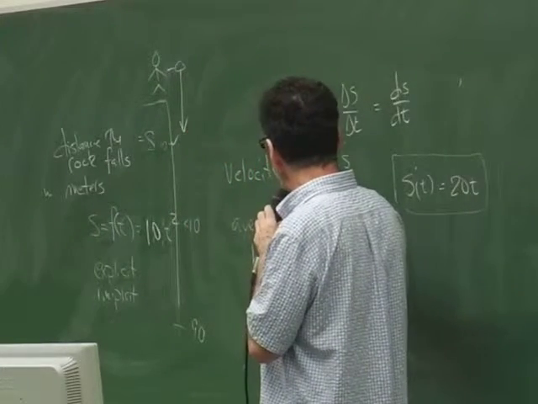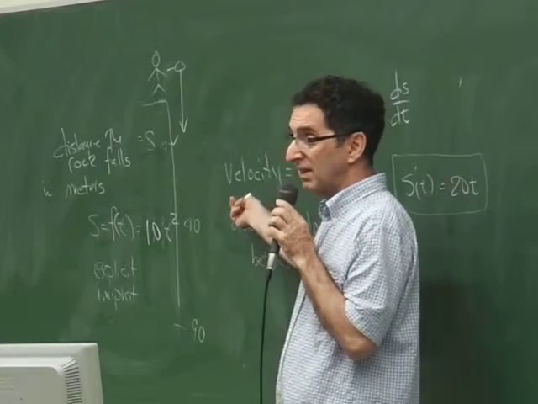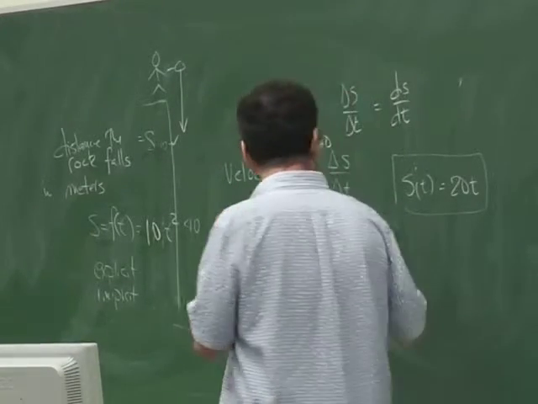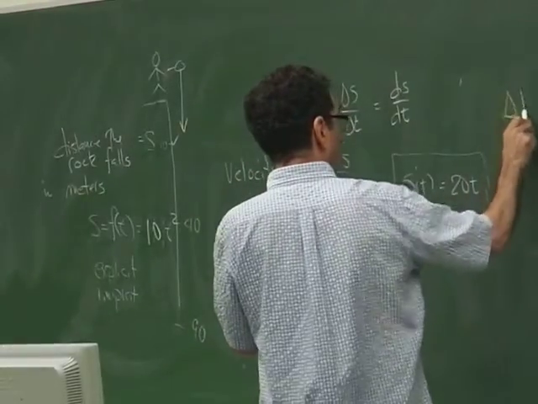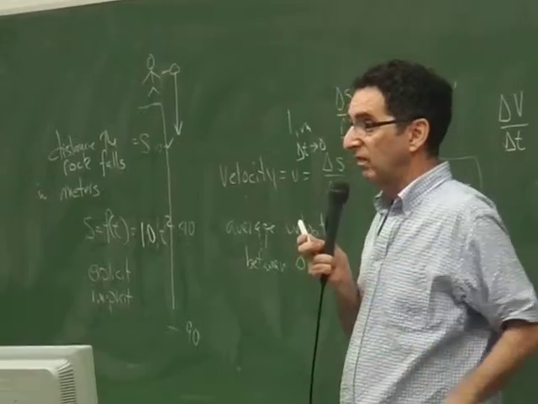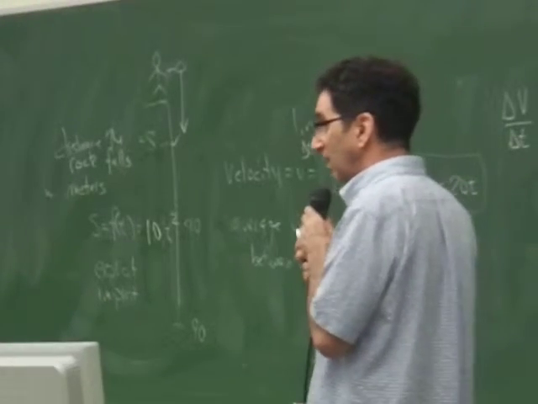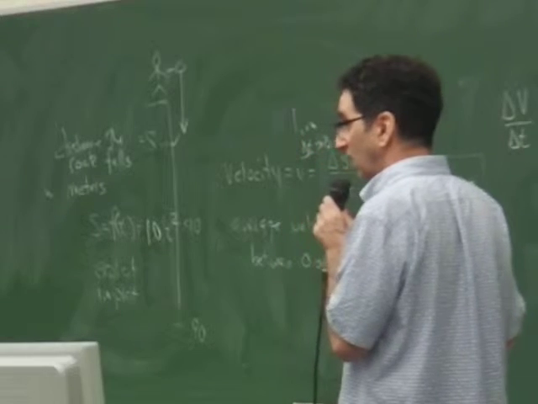The change in distance over time is called the velocity, right? So what about the change in velocity over time? That's called the acceleration, right?